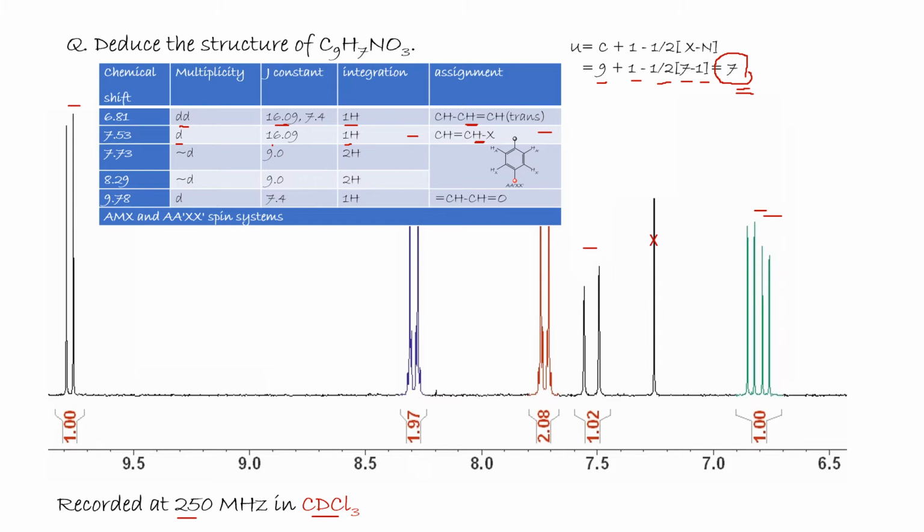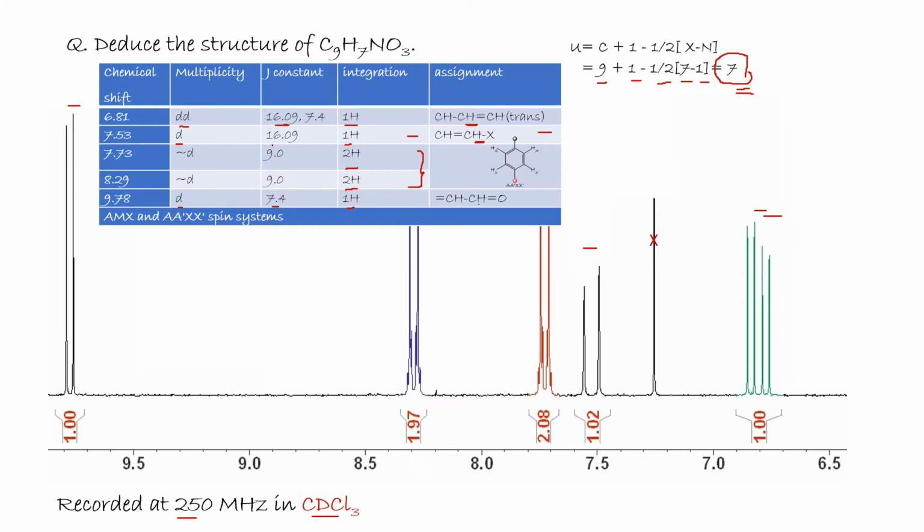Peak at 7.73, that's a doublet, J value 9, 2 protons, and 8.29, again another doublet, J value 9, 2 protons. This indicates that we have an AA prime XX prime disubstituted benzene. 9.78 doublet, J value is 7.4, 1 proton.